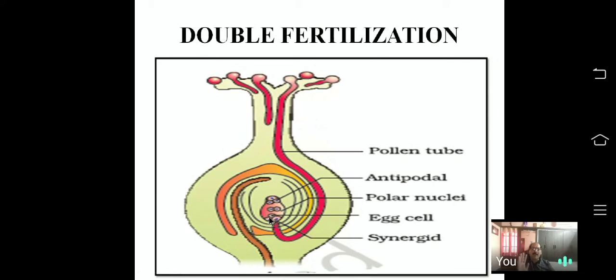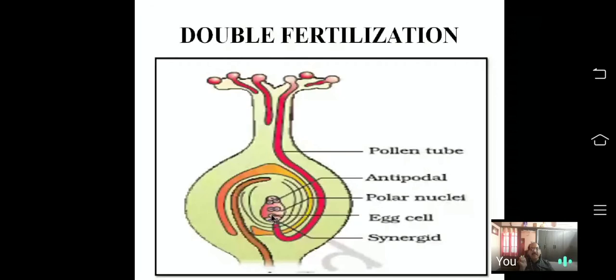This process of fusion of the male gamete sperm and egg is called syngamy or fertilization. Fertilization in a plant is generally called syngamy. This is the first fusion.